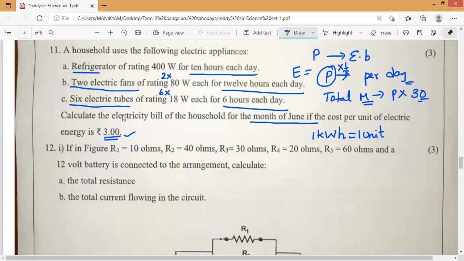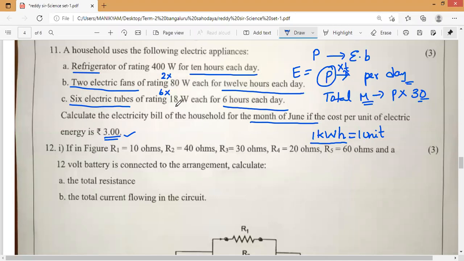Always when you are calculating an electric bill, energy must be in kilowatt hours. There is no other unit. You have to convert it, because we have other units also, like watt second and joules, and those units should not be used for this calculation.